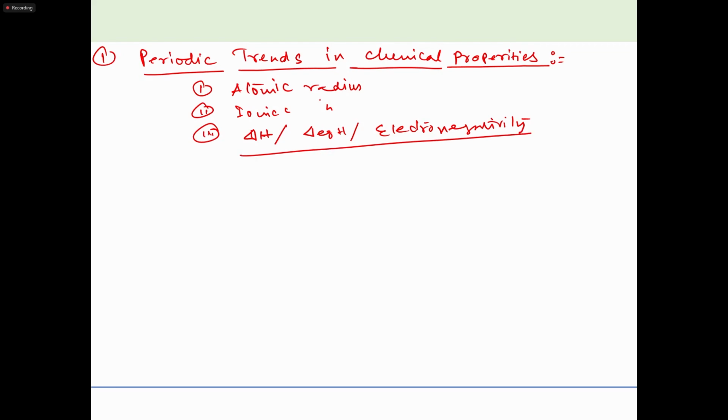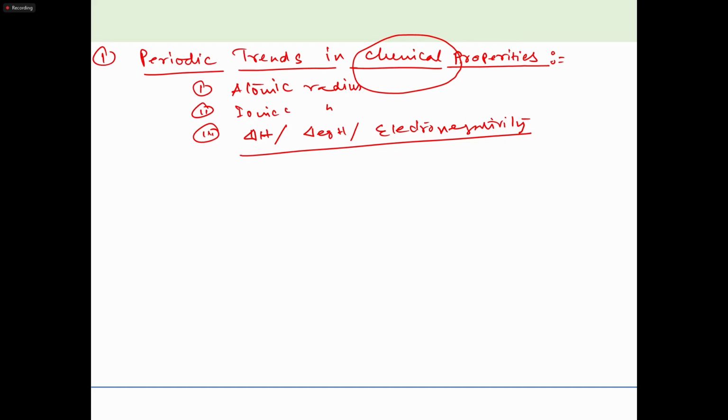Now we will talk about the chemical properties. In this periodic table, how can an element react with other elements? Is there any link to atoms, or is there no link?